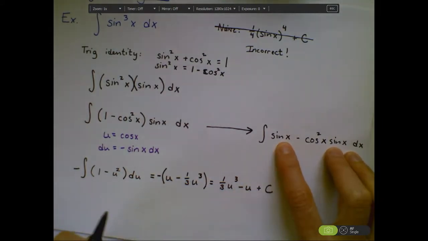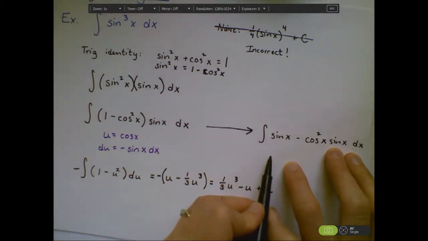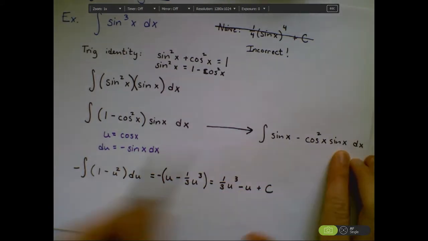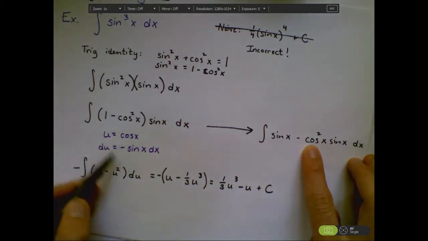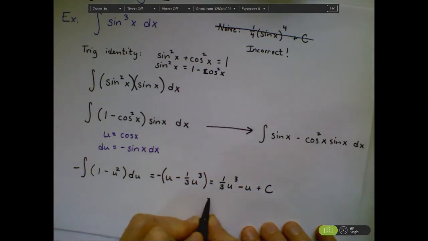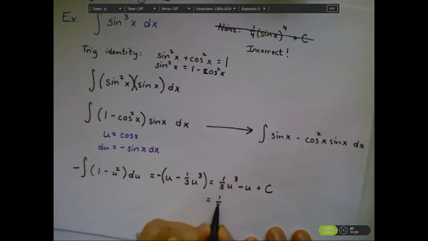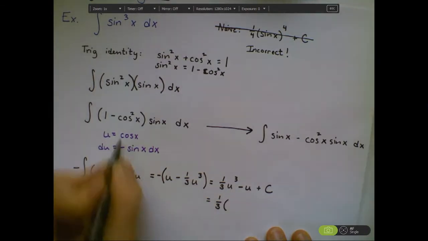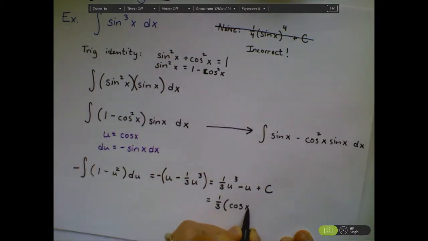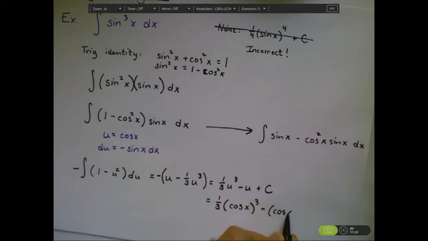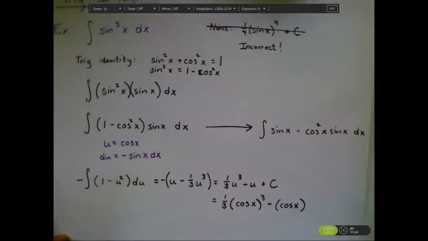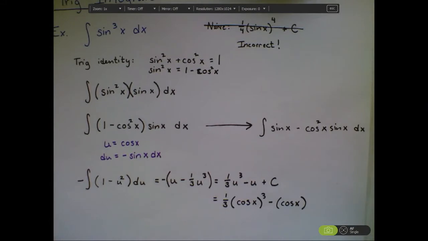The integral of sine of x is negative cosine of x, and for the integral here, I would have to use the same u substitution that I did here. And this will end up with the same solution that we had here, which is 1/3. What was my u in this case? Cosine of x cubed minus cosine of x. Sorry, that's a little crooked. So that's one way to solve this particular problem.